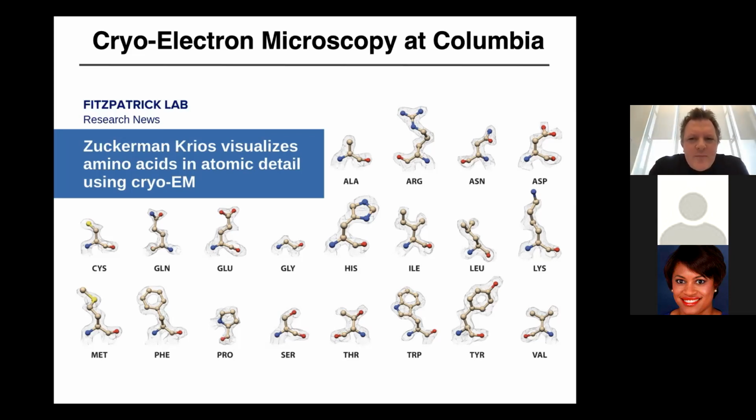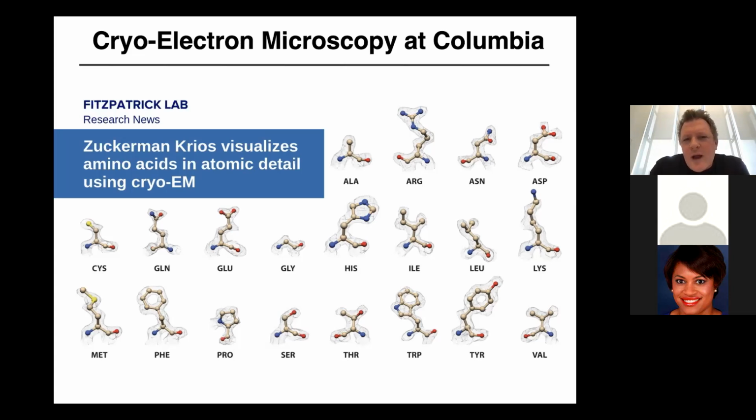And this is incredibly powerful because you are able to solve the structures of unknown protein complexes, of which there are many important macromolecular machines that we do not know the structure of still, even though structural biology has a history of 50 years, crystallography and NMR have not been able to solve these structures.